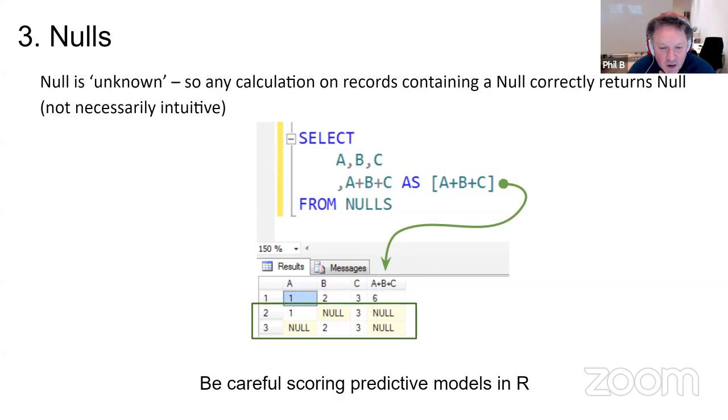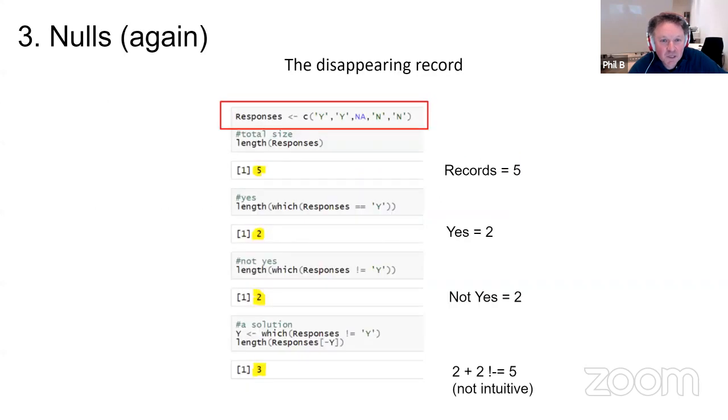And if the values aren't there, the prediction can't be made, so the prediction will be null. So I started getting predictions that couldn't be made, which means that even if you've not got any missing values in your training data, make sure you deal with that scenario if it would occur in your live data.